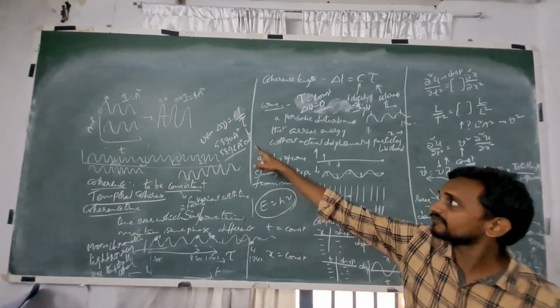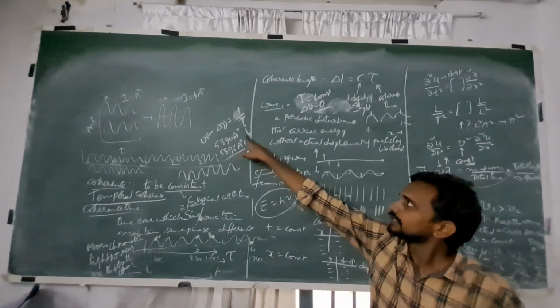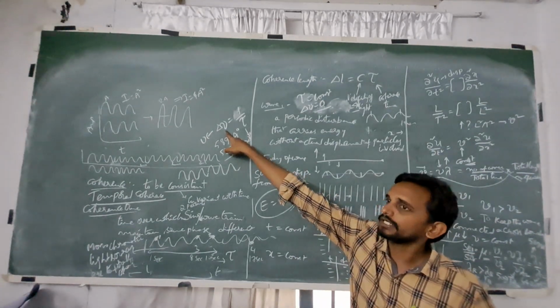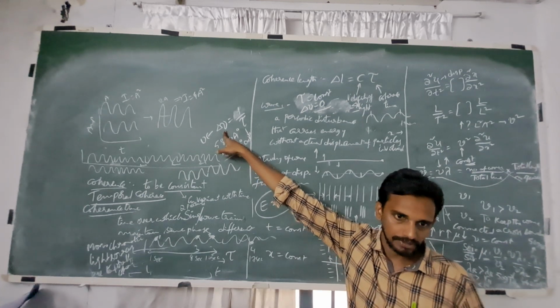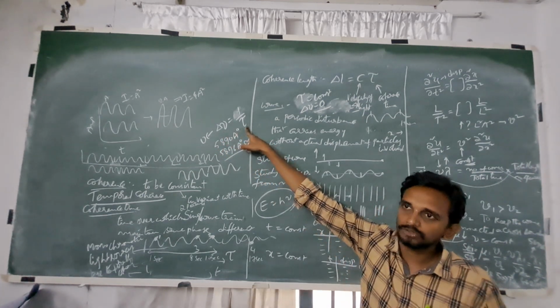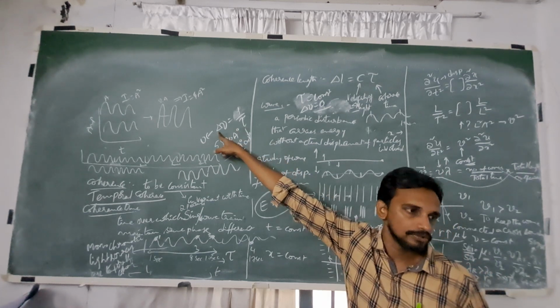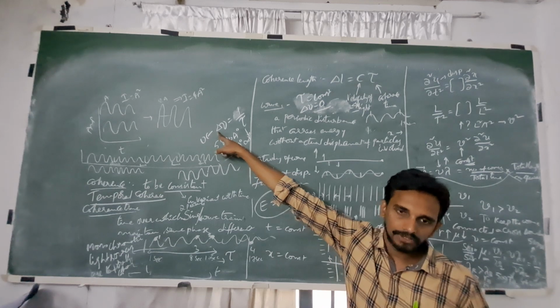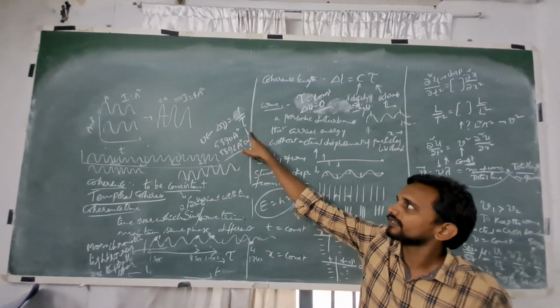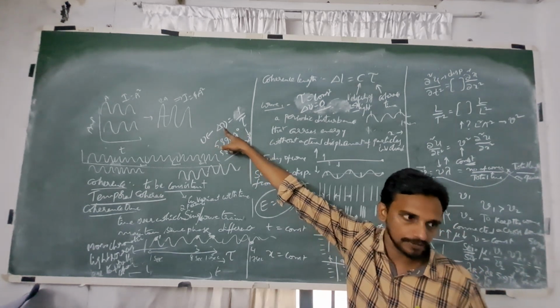So if I wish to have infinite coherence time, the corresponding variations in frequency must be 0. If I wish to have delta t to be infinity, delta nu should be 0. So coherence time becomes infinity only when frequency differences are 0.